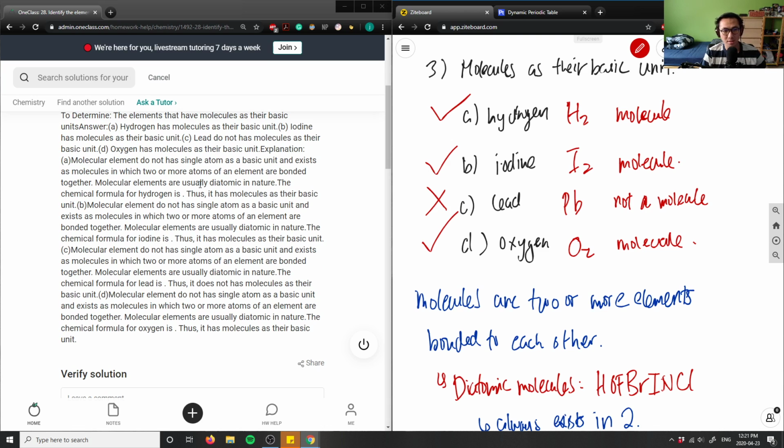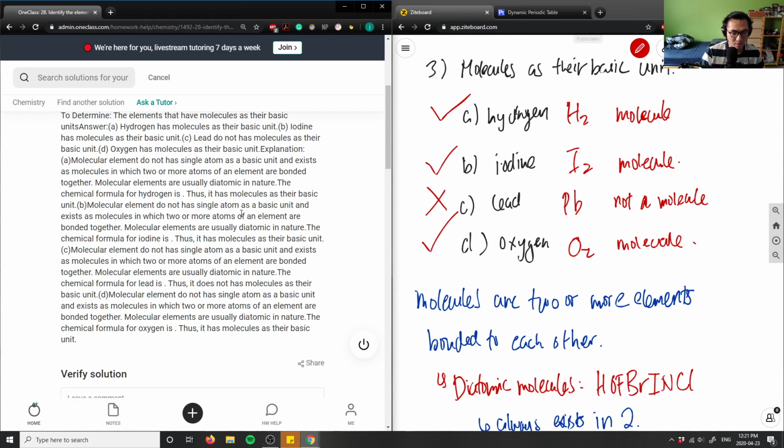So let's look at the answer here. It says the elements have molecules as their basic units. A, hydrogen has molecules, that's good. Iodine has molecules, that's good. Lead does not, and oxygen has molecules, that's good. It says molecular elements do not have a single atom as a basic unit and exist as molecules in which two or more atoms of an element are bonded together.